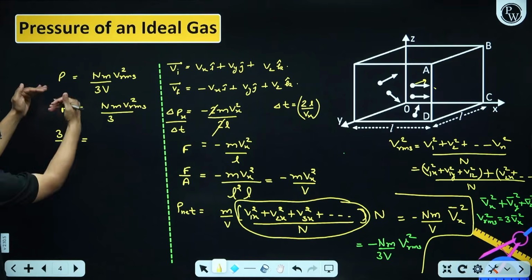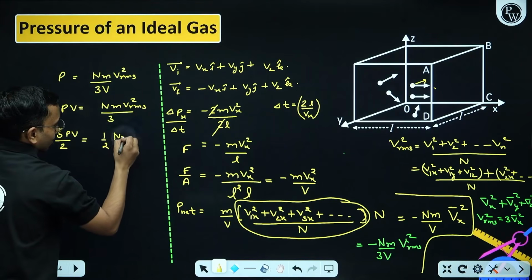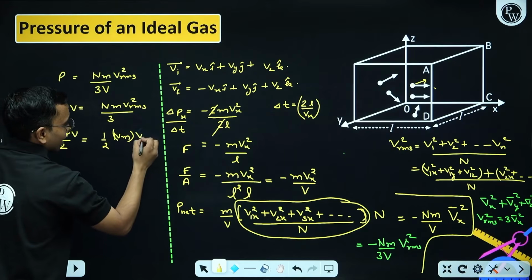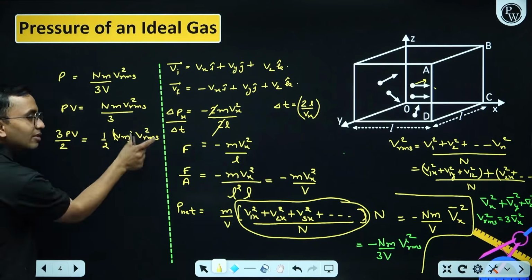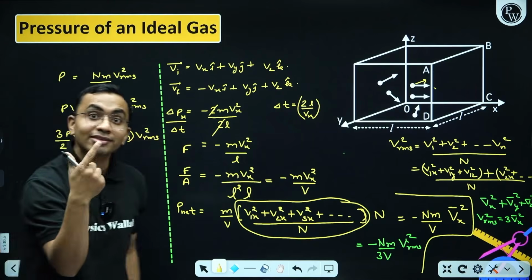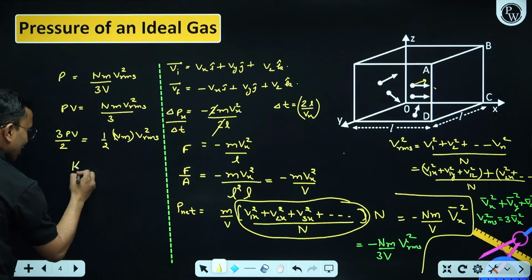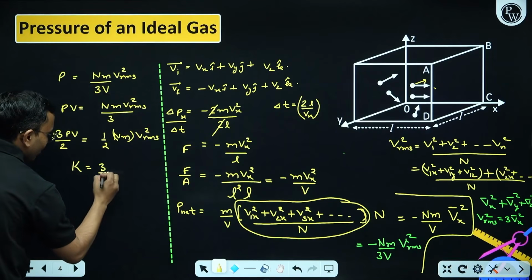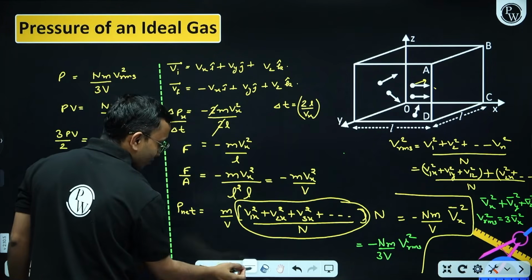I took this 3 and divided with 2, so this will become half n into m, that is my total mass, into VRMS square. What is it? Half total mass into velocity square, that is the kinetic energy. So this kinetic energy is coming out to be 3 by 2 PV.